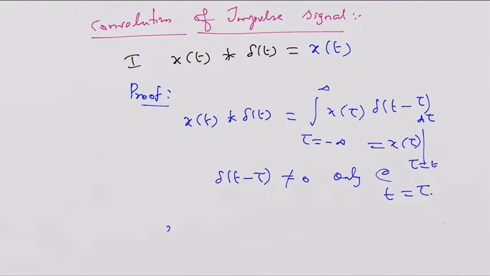Or I will put it the other way, x of t convolved with del of t is simply x of tau, but tau will be equal to t. So this can be very well written as x of t itself. First case is over.